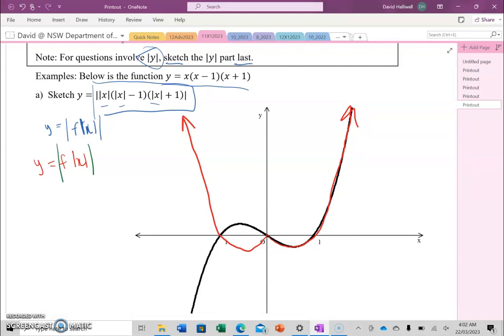Remember, if you take absolute value of the right hand side, anything above the x-axis will stay above the x-axis. Anything below the x-axis gets reflected above. So the final graph is the green graph here.